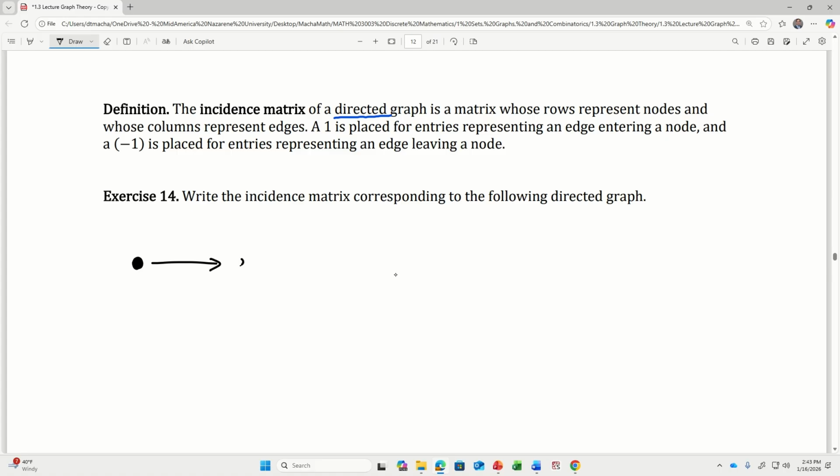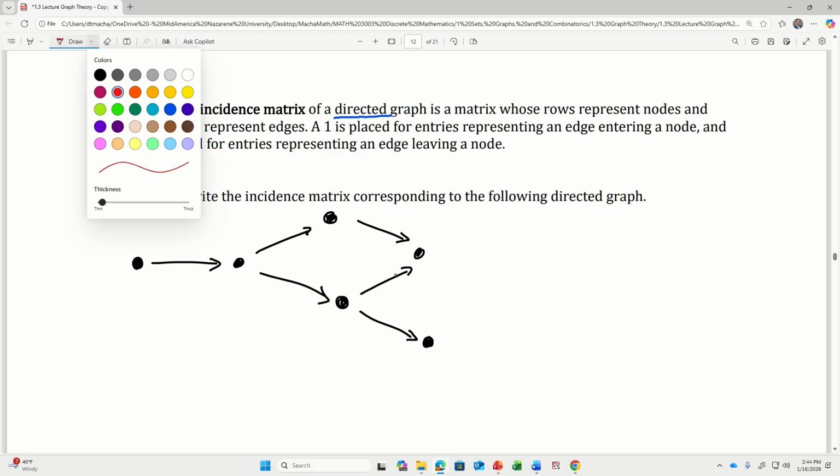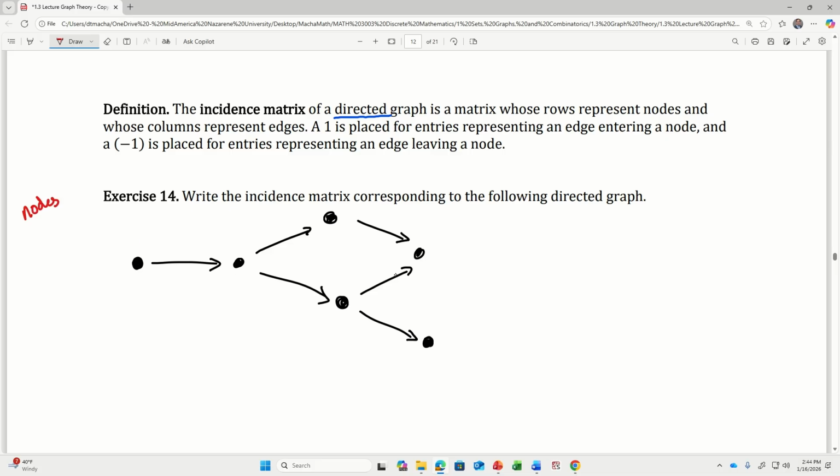So again, I'll try to draw something really quick here. That looks nice. So I'm going to label my nodes. 1, 2, 3, 4, 5, 6.